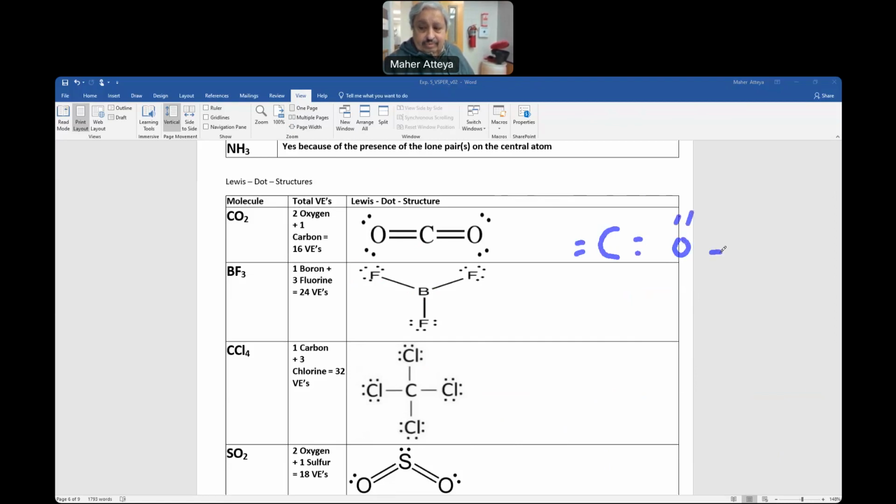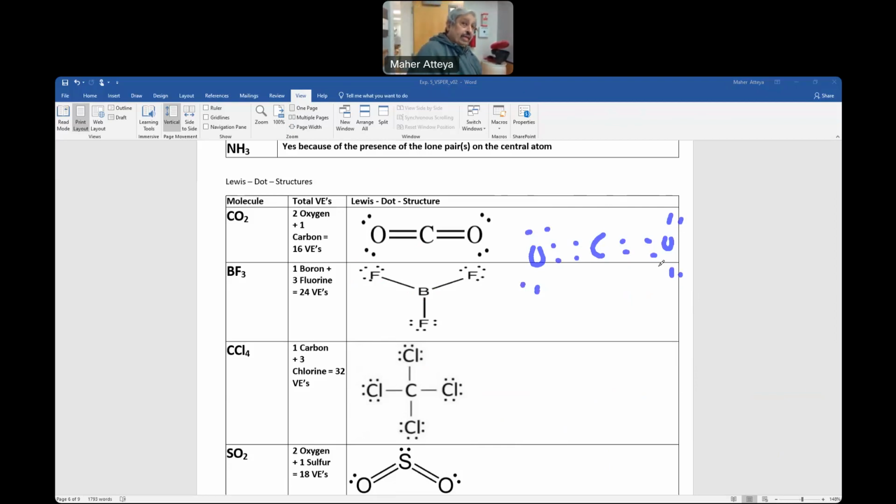So carbon is here, oxygen has 2, and 6 here, and carbon here has 2, 2.